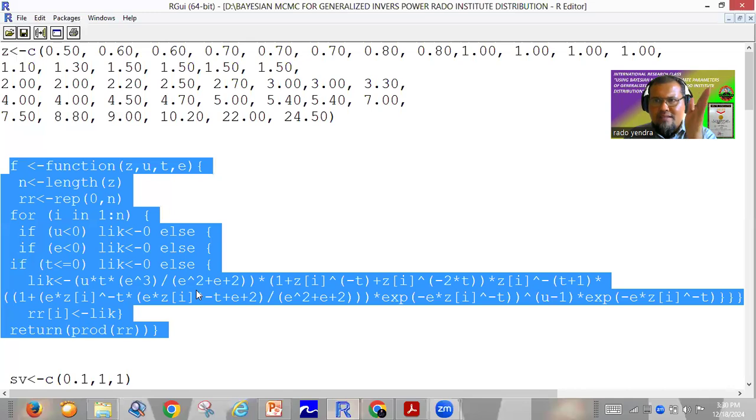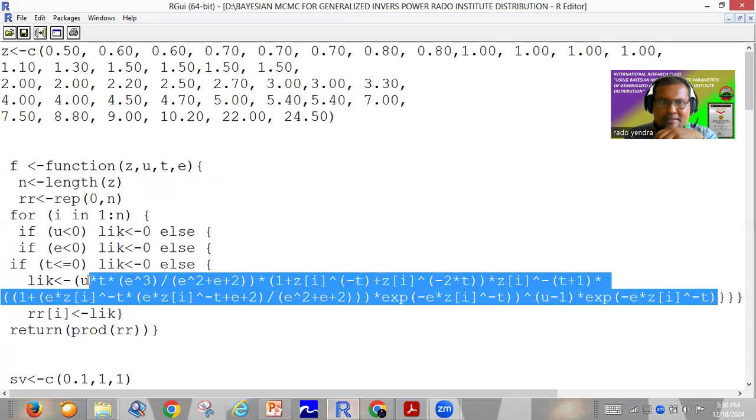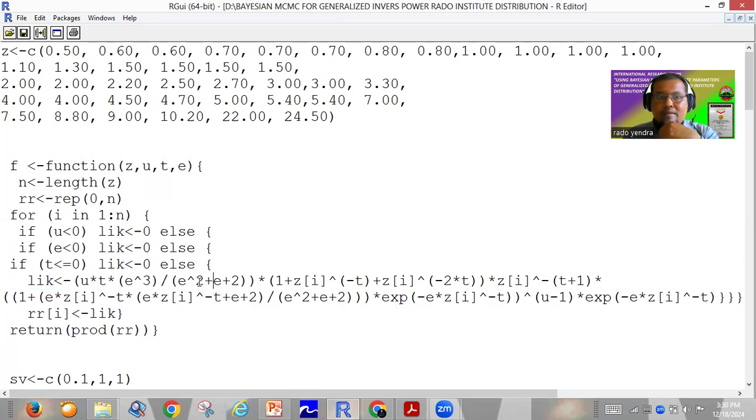The likelihood of the generalized inverse power Rado Institute distribution, especially for K equal to 3. You can find it in the blue text. The blue text is the density function of the generalized inverse power Rado Institute distribution for k equal to 3.